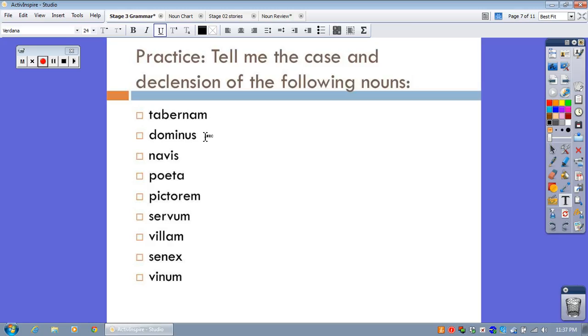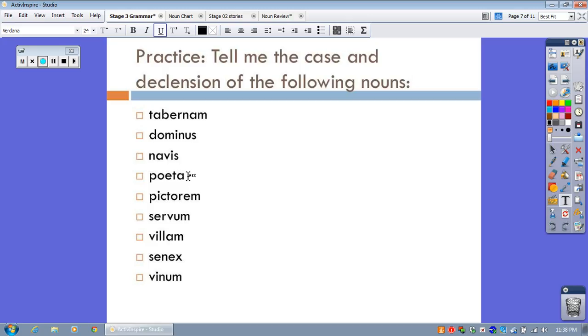What about dominus? Ends in -us. That would be nominative case, second declension. How about navis? Ends in -is. It's going to be nominative case, third declension.